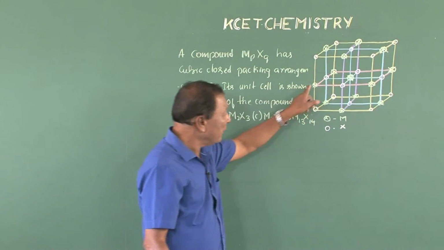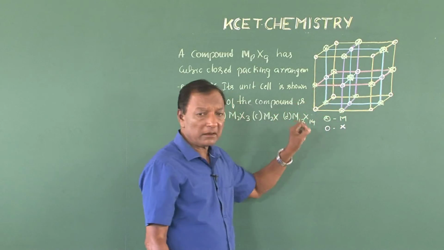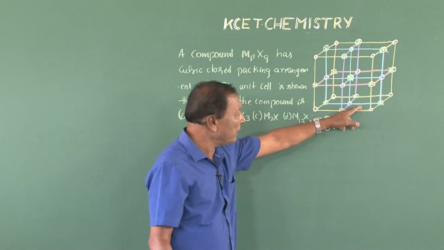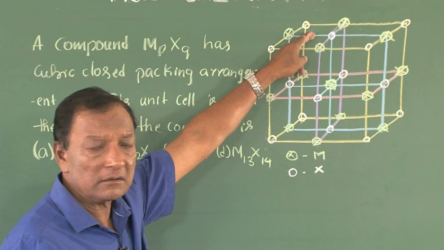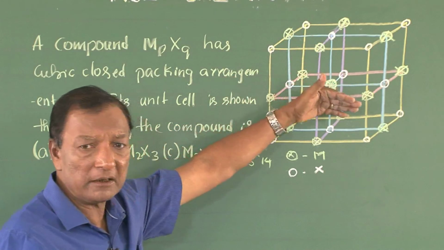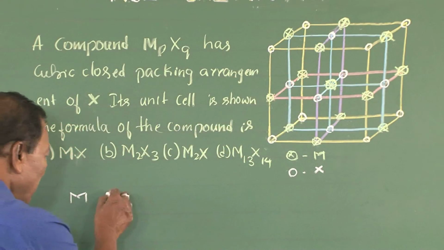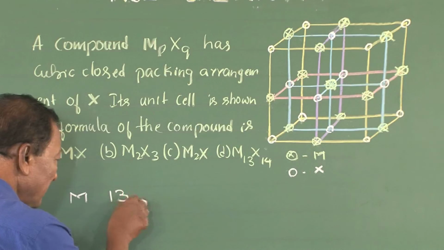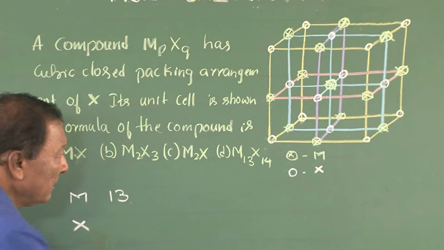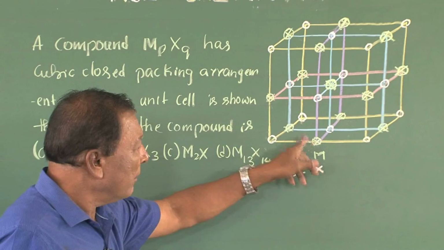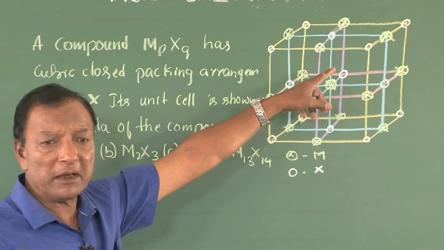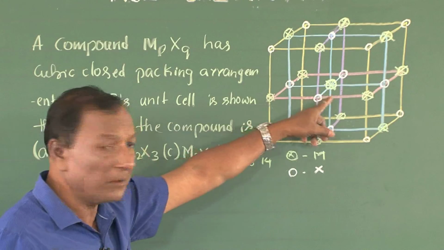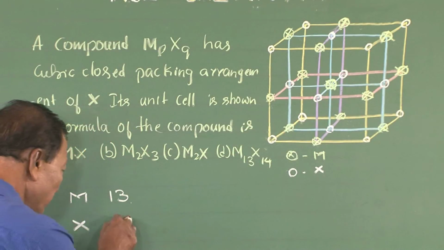Thereby, if we see their number, we get 4 in the lower plane, 4 in the upper plane, and 5 in the middle plane. Totally, it is 13. And for the X, it will be 5 in the lower plane and 5 more in the upper plane and 4 in the middle plane, and it comes to 14.